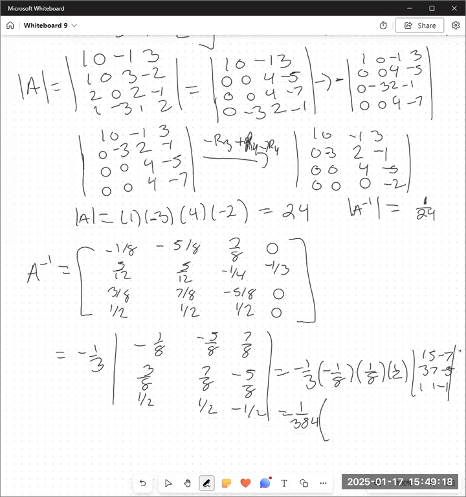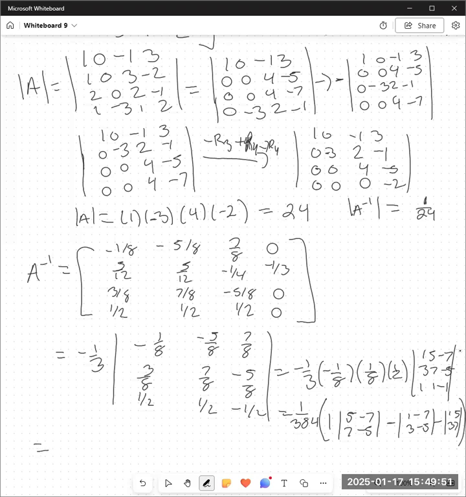Which is going to be 1 times the determinant of 5, negative 7, 7, negative 5, and then minus 1 times the determinant of 1, negative 7, 3, negative 5, and then plus that negative 1, so minus, and then the determinant of 1, 5, 3, 7.